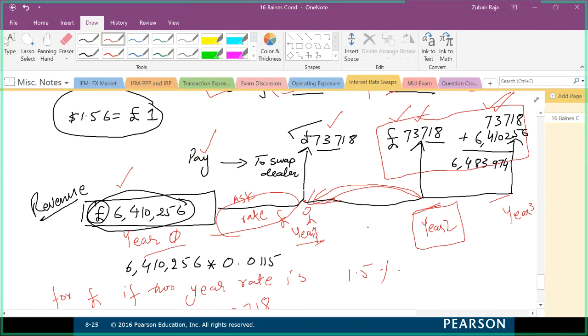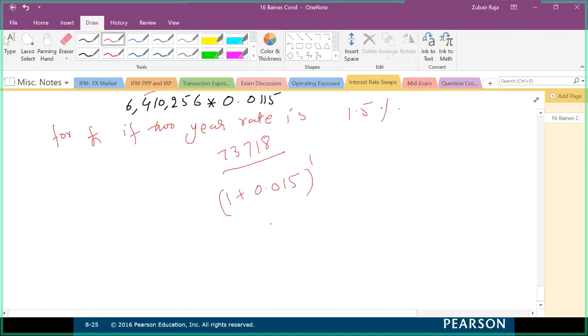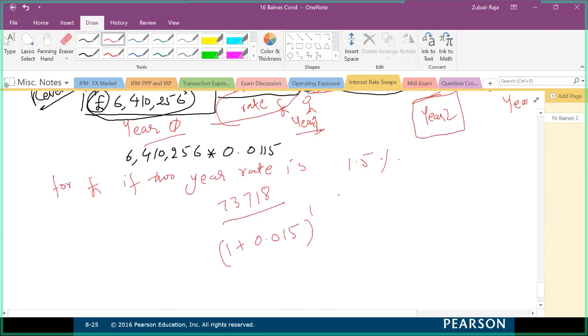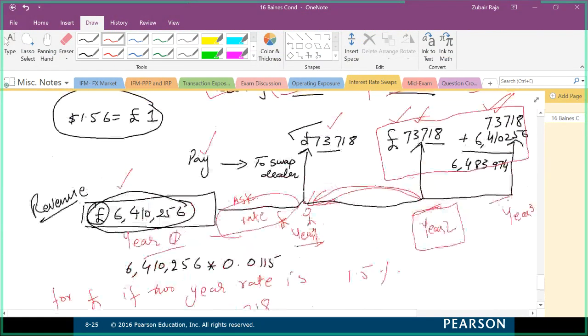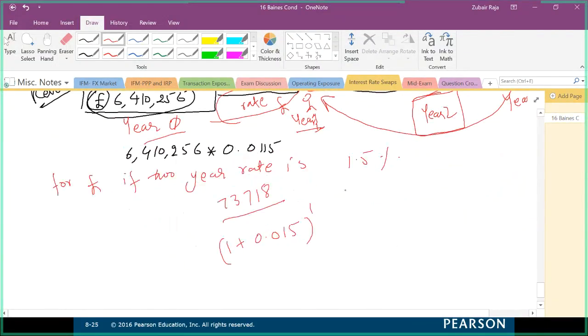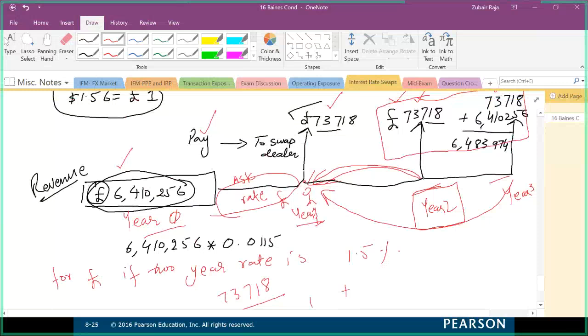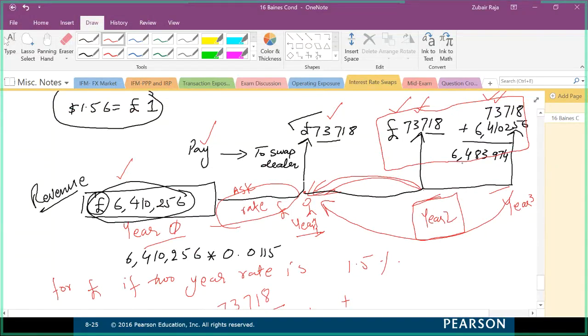So if you discount it back, 73,718 divided by 1 plus 0.015 raised to the power 1, right? Plus you have to discount this as well, 2 periods back, right? So plus, what is the total amount they have to pay? 6,483,974.